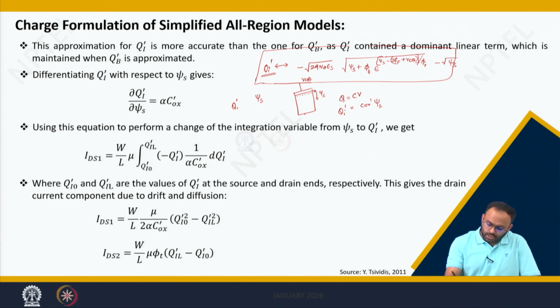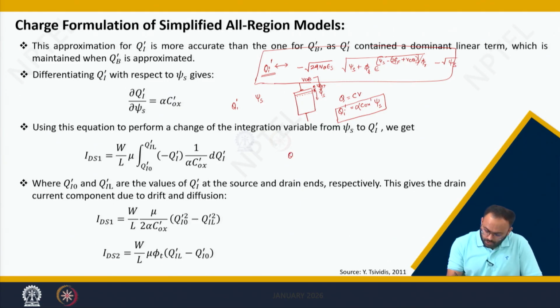However, we know that VGB is not causing a direct drop of psi s, meaning if you write a potential balance equation, then there will be a drop across the oxide and contacts. So we can simply say a fraction of VGB drops across the inversion charge. We can simply use this formula to linearize our inversion charge equation.